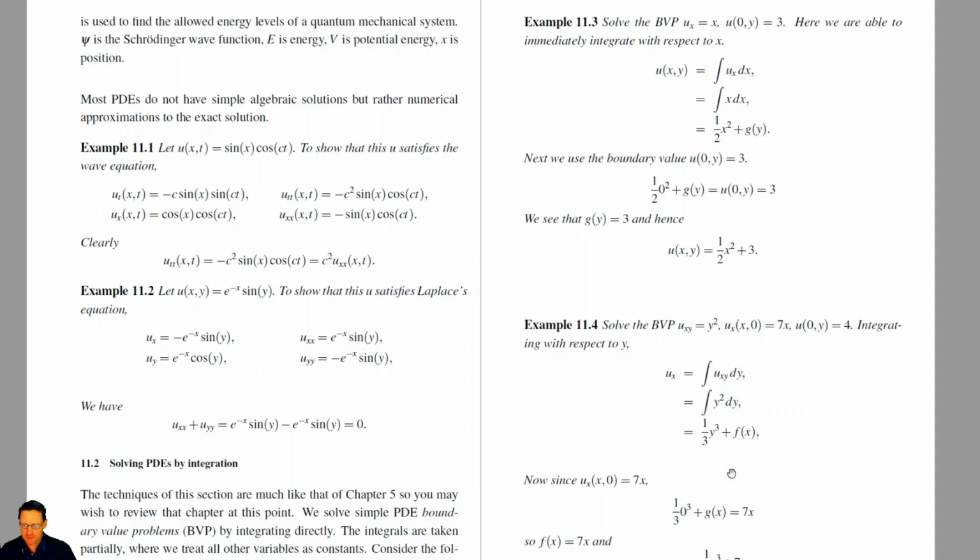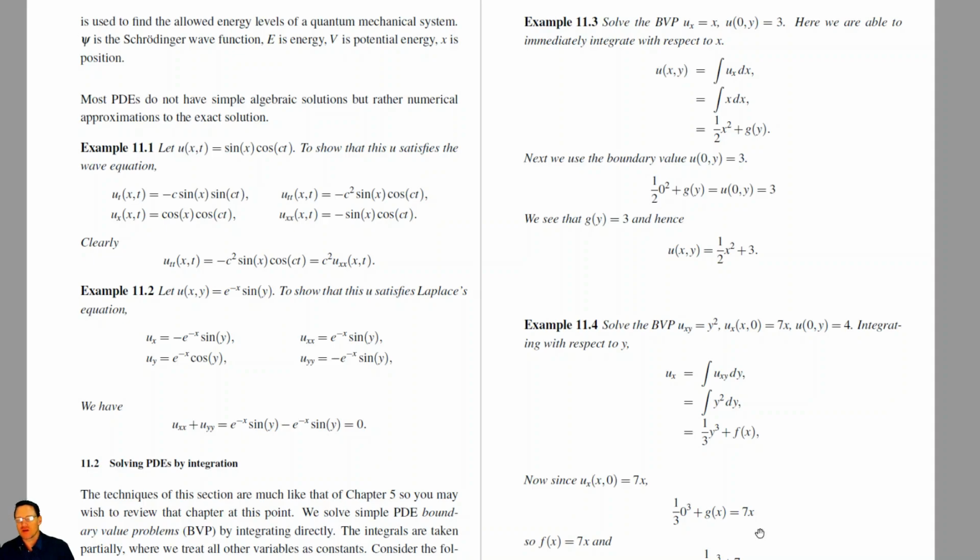It should say f of x there. So that tells us that f of x is 7x. And so now we have the partial derivative of u with respect to x as 1/3 y cubed plus 7x.